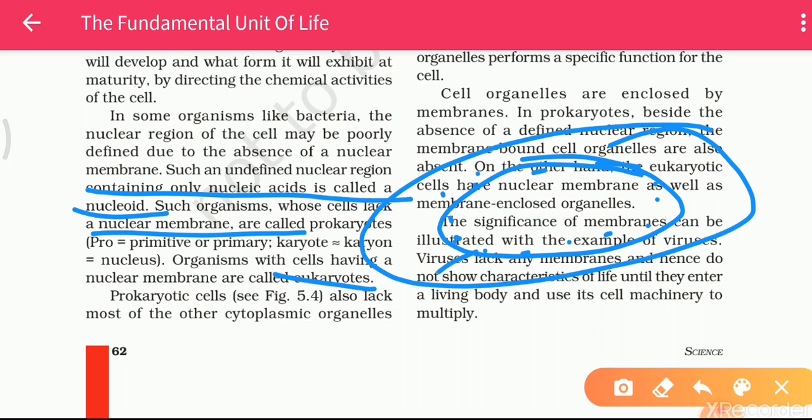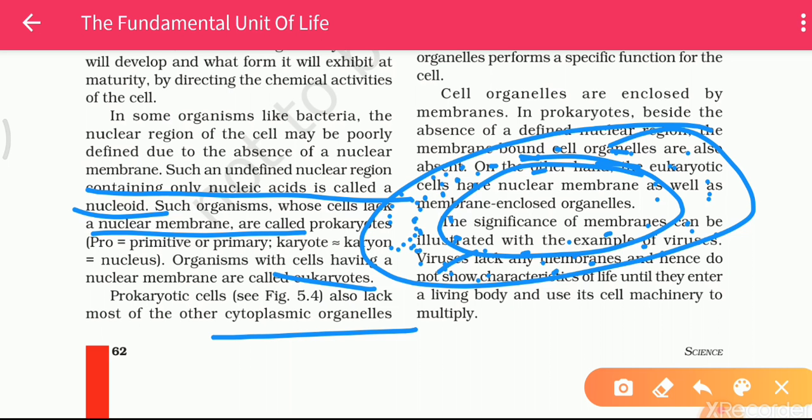Then, prokaryotic cells also lack most of the other cytoplasmic organelles. What is the meaning of cytoplasmic organelles? Cytoplasm is present outside the nucleus, and in the cytoplasm, organelles are present.